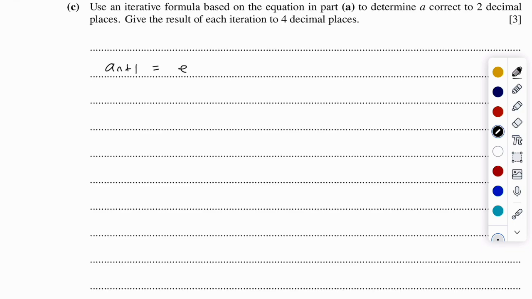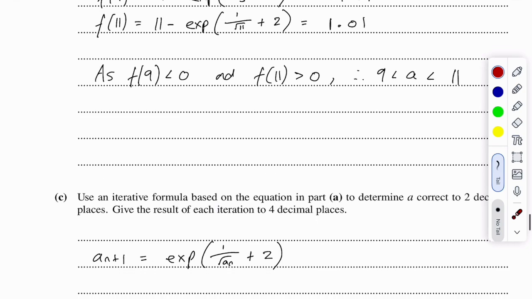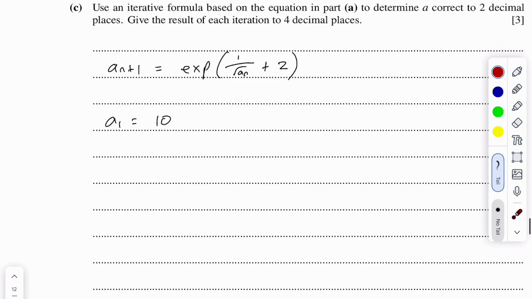We've got a n plus 1 is equal to e to the 1 over root a n plus 2. Let's let A1 equal 10, and I've done that because we know it lies between 9 and 11, and so 10 is the middle ground.